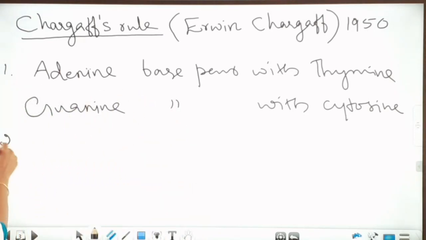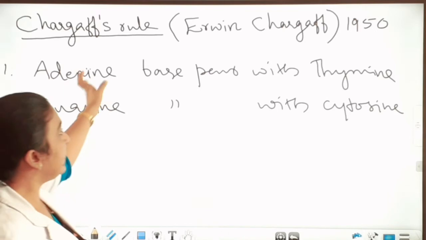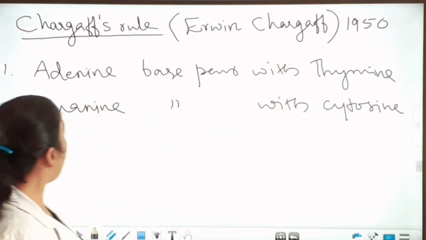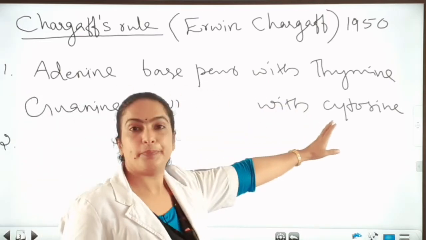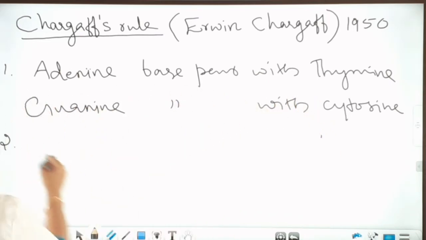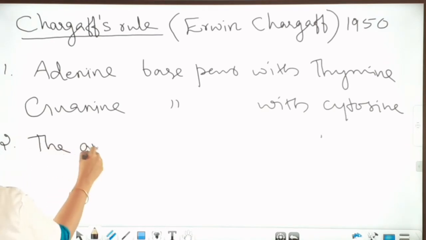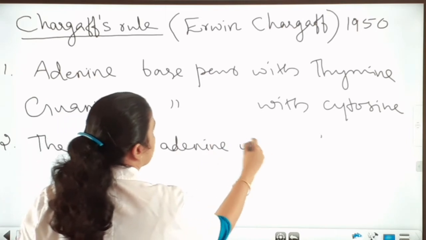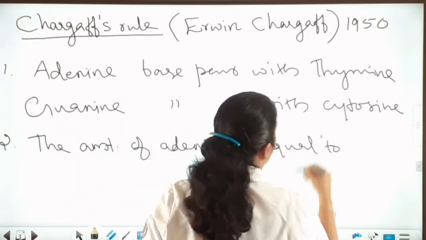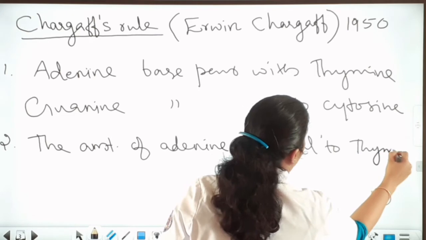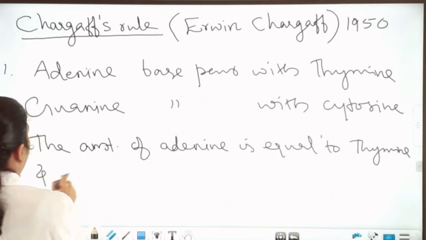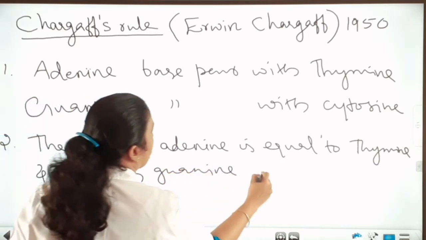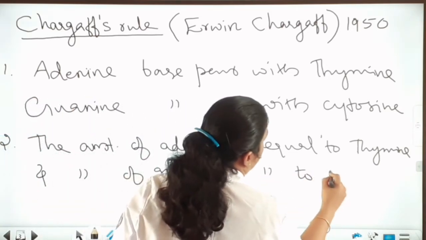And the second one is that the amount of adenine is equal to thymine, and the amount of guanine is equal to cytosine.